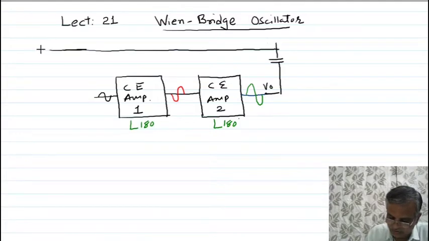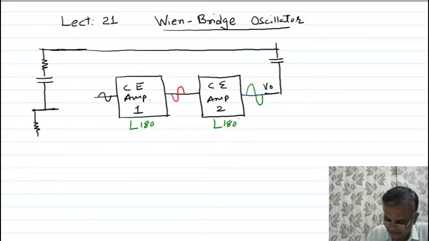I am showing you here the frequency selective network, which consists of resistor R and capacitor C, a series and parallel combination of R and C as shown in figure.